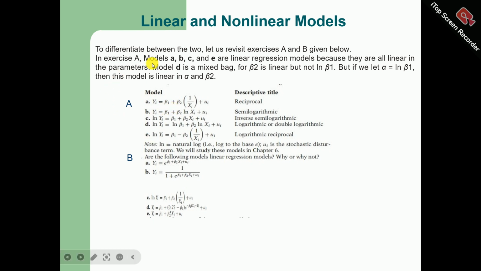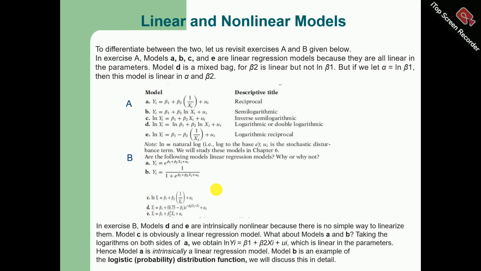And in this model, alpha and beta 2 will be linear. So this set of problems, by transformation, we can linearize these models, and these models are linear. Now let us consider this set of models. So we'll discuss this one by one.